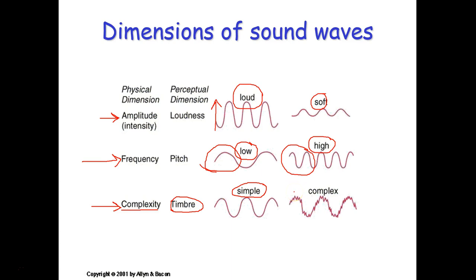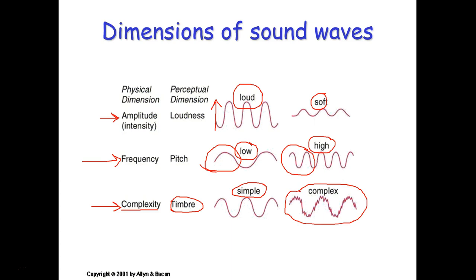It has a complexity that allows you to distinguish my voice from anybody else's that might have the same pitch or same amplitude. But the complexity of the sound is what allows us to determine the timbre of the sound waves. Right? Being able to distinguish between a trumpet playing the same note at the same volume from an oboe or a piano playing the same note at the same volume.